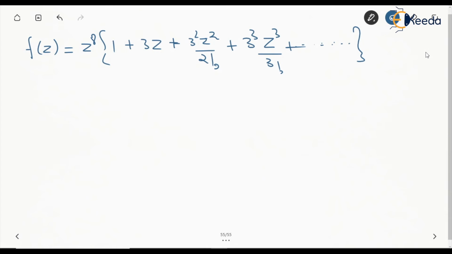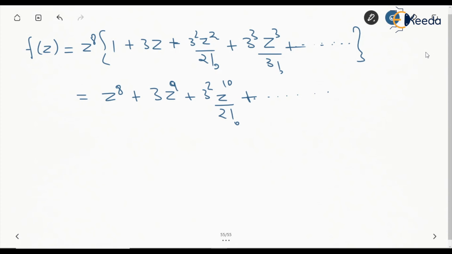So we can take this z to the power 8 and multiply, and this will become z to the power of 8 plus 3 z to the power of 9 plus 3 square z to the power of 10 by 2 factorial, and so on, right? So this is how we can expand this function.